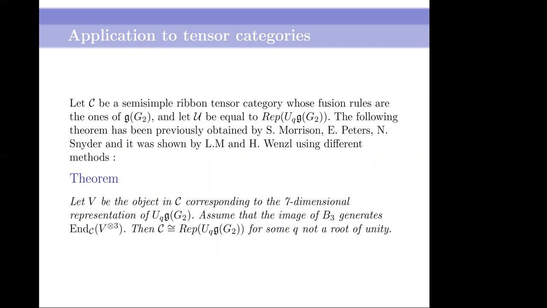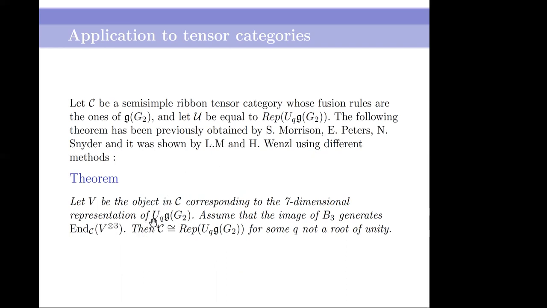If C is a semi-simple ribbon tensor category whose fusion rules are the ones of G2, and let U be the representation category of G2, then the following theorem has been obtained previously by Morrison, Peters, and Snyder, and it was shown by me and Hans Wenzl using different methods.